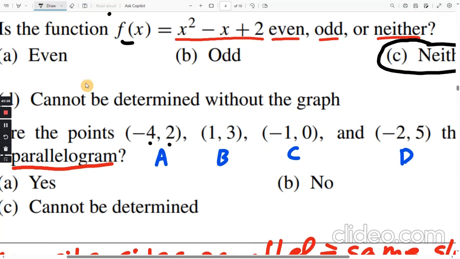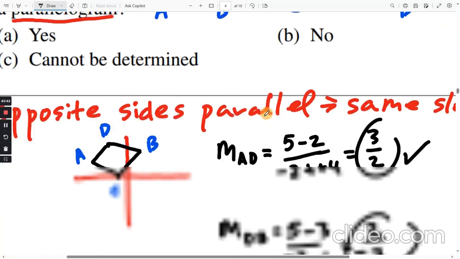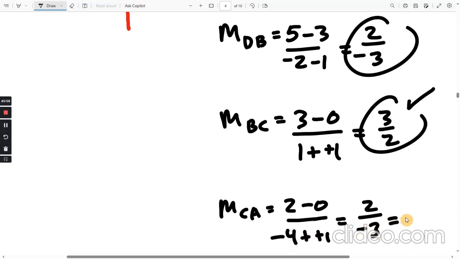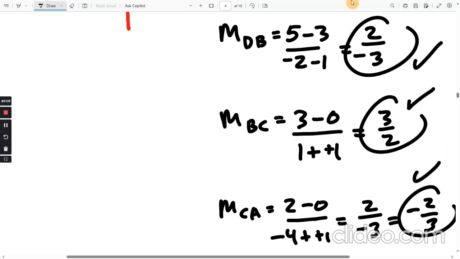You can go either direction. 2 minus 0 and negative 4 minus negative 1. 2 minus 0 is 2. Two negatives are positive. Negative 4 plus 1 is negative 3. So that's negative 2/3. Does that match this one? Yes. All right, so we got it.